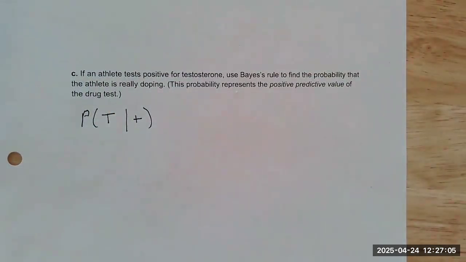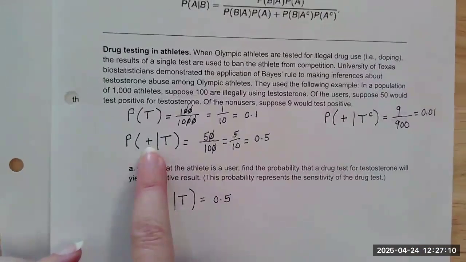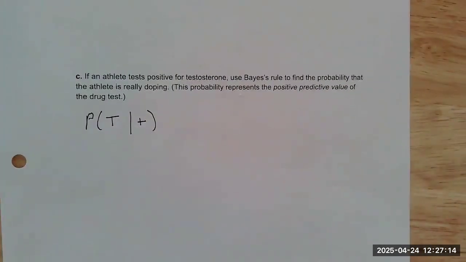Here's how I know that's a Bayes' theorem problem. We have plus given T, but they're asking us for T given plus. If they're asking you for the opposite of the thing that you have on the paper, Bayes' theorem.